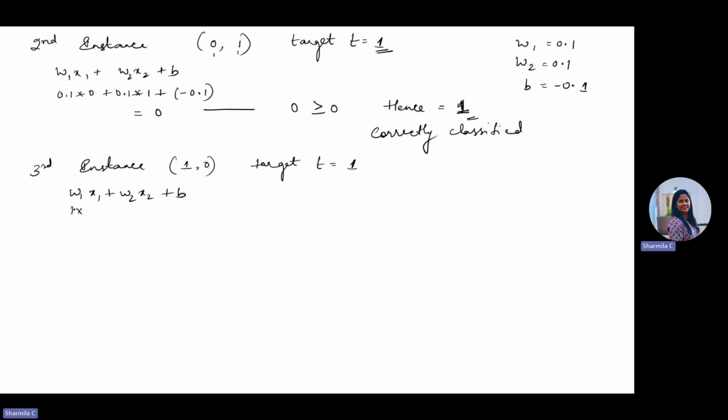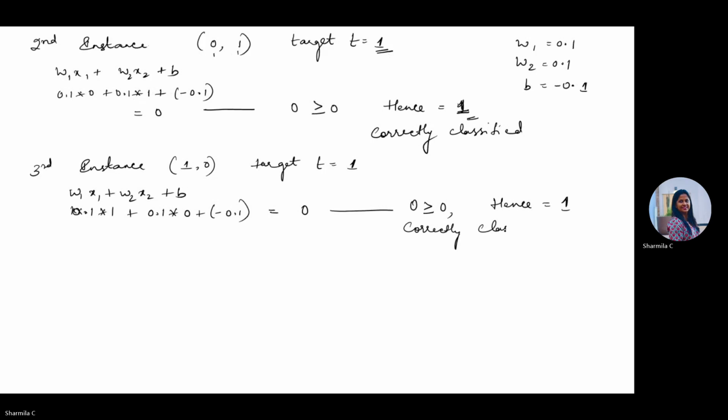W1 is 0.1, x1 is 1, plus 0.1 into 0, bias is minus 0.1. So what is the answer we'll be getting? It is 0. So when we send this to the activation function, 0 is greater than or equal to 0, so the step function gives the answer 1.